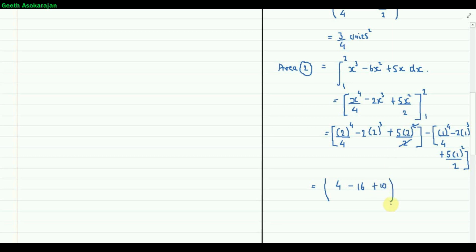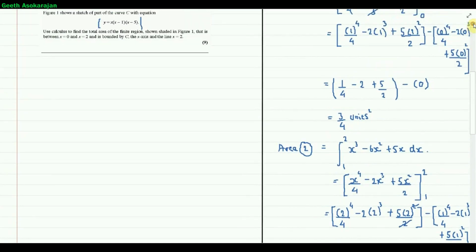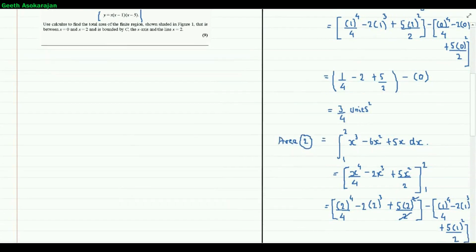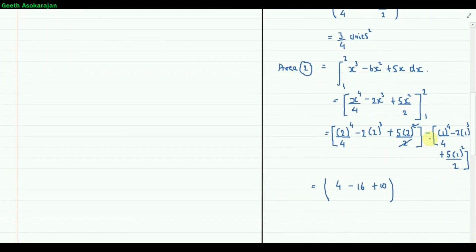So that is what we have as a result of the first bracket. Okay, and if you think about it, the second bracket, we already calculated that. So we had 3 over 4 overall. So let me take away, from the second bracket, 3 over 4.